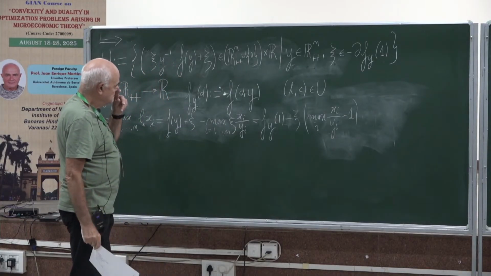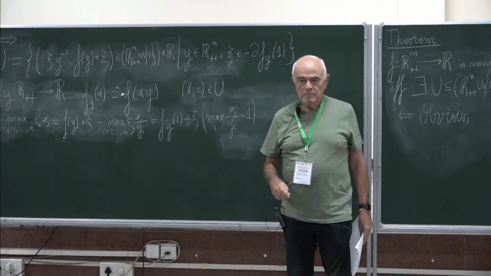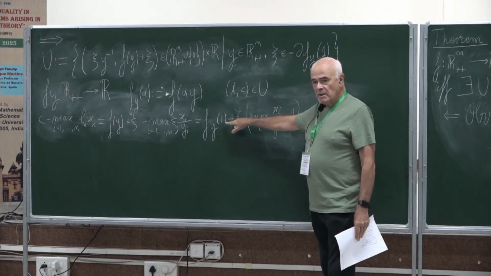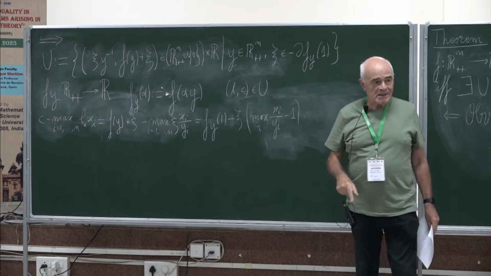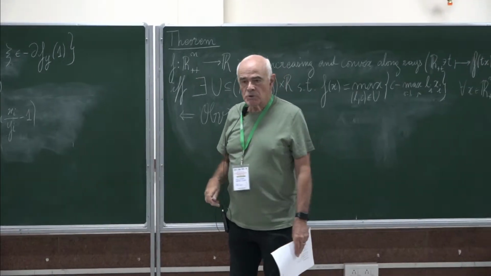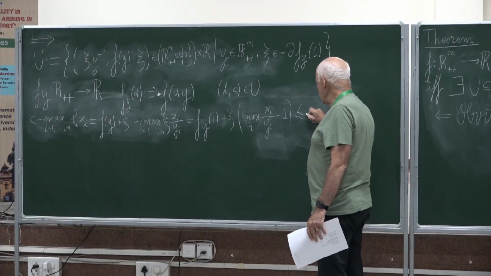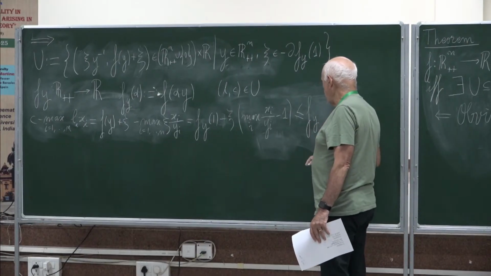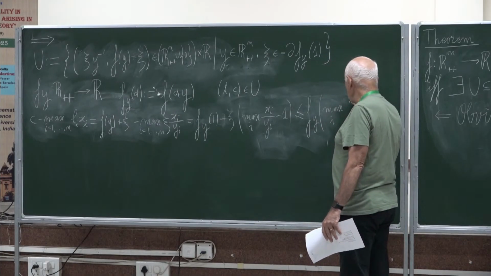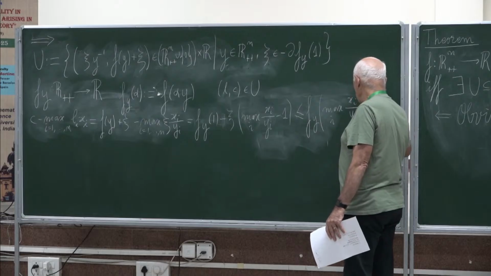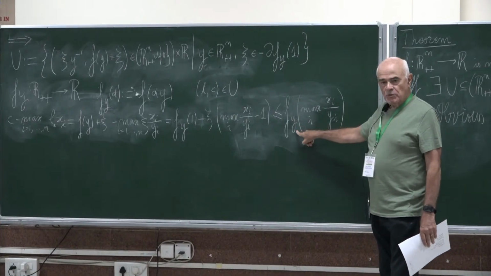And now, what's the conclusion? What do you know about minus xi? It's a subgradient of fi at 1. So use the subgradient inequality to conclude that this is less than or equal to fy of the maximum over i of xi divided by yi. And now apply the definition of fy.